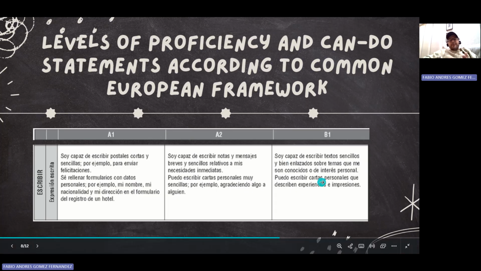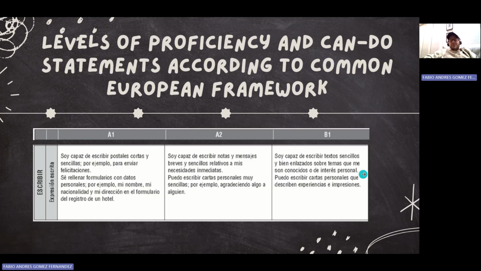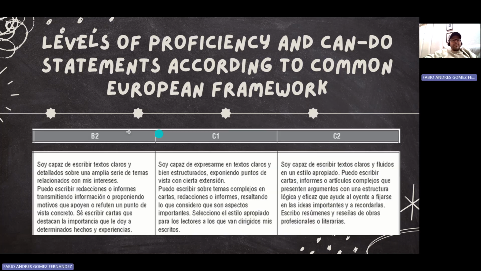And B1, it says that we're able to write simple texts. Well, let's move on to the B2 level, which is a bit more complex. It says that we're able to write clear and detailed texts about a big, let's say, series or list of topics related to my interests.